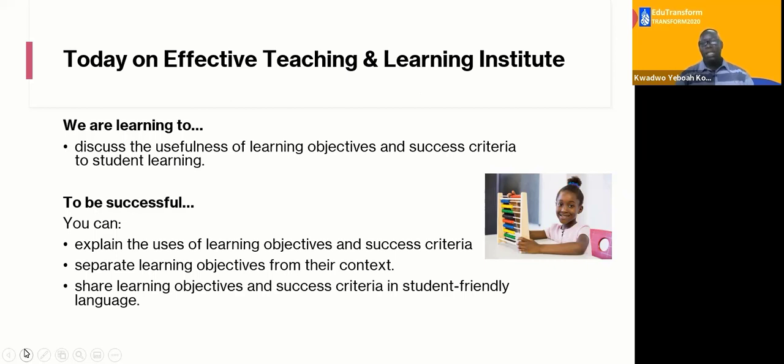Then we'll be able to share learning objectives and success criteria in child-friendly or student-friendly language. And fourthly, but not the least, we are going to write learning objectives and success criteria. When we are able to do all these 4 things, then we know that we have succeeded in discussing the usefulness of learning objectives and success criteria to student learning.